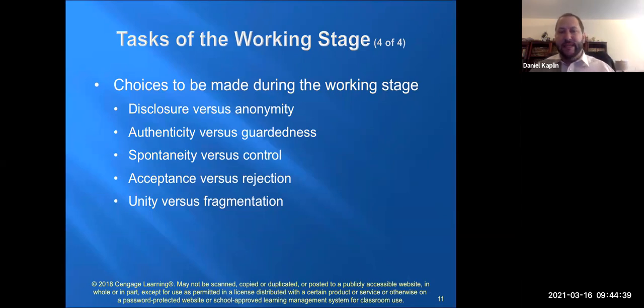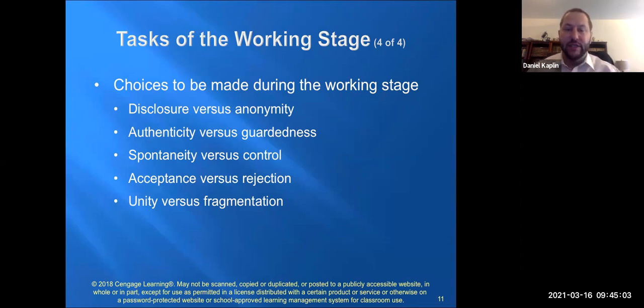But by the working stage, people should just naturally chime in, naturally share, demonstrate a sense of spontaneity. Whereas people might, if they don't feel that there is trust, they might be more regulated or guarded, or I use guarded, but they might control their actions a little more.